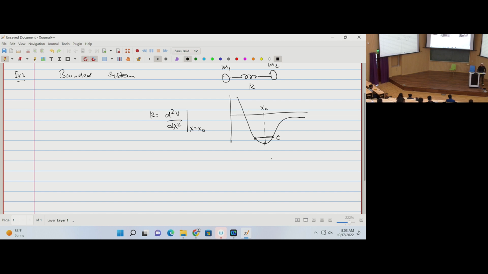Let's take this system that we have shown here, and let's try to calculate its frequency.